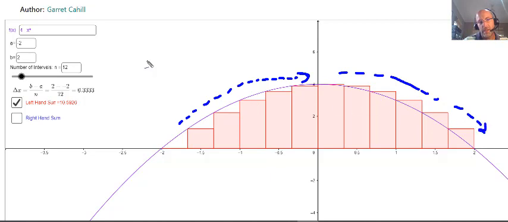And a left-hand strip method, left-hand endpoint method, will underread in a rising interval, and it'll overread in a falling interval. You should probably note that. So for a continuous function that's rising, the left-hand sums method, left-hand endpoints method, will underread when it's increasing, and in a decreasing interval it will overread.